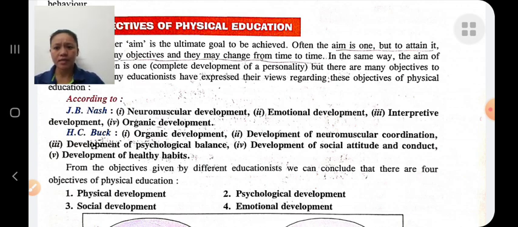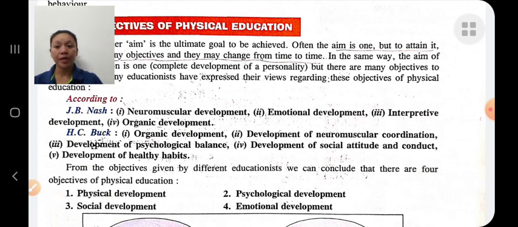Let's discuss some objectives of physical education. First, neuromuscular development. Neuro means nervous system and muscular means muscle. So in neuromuscular development, there should be better coordination between the nervous system and the muscular system.